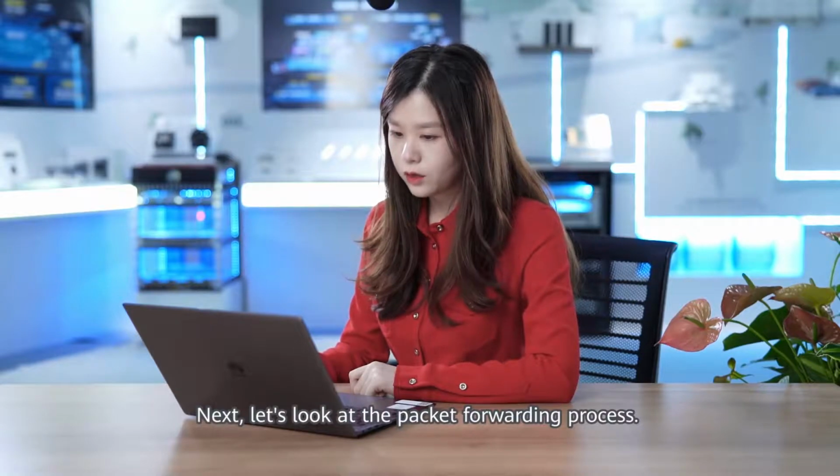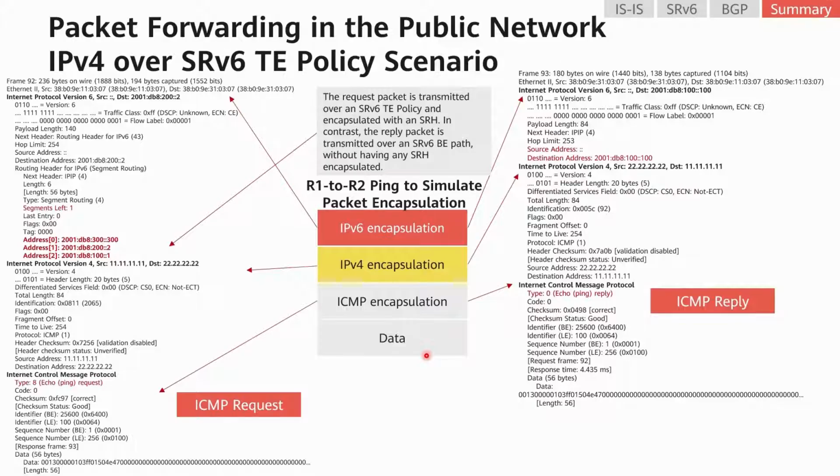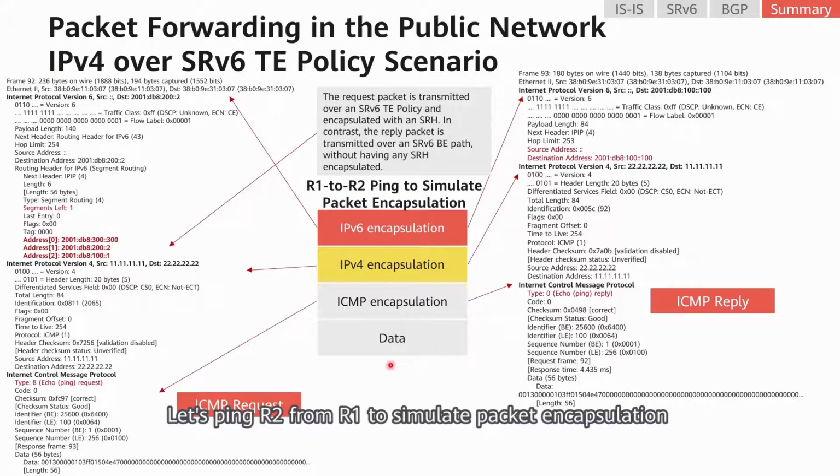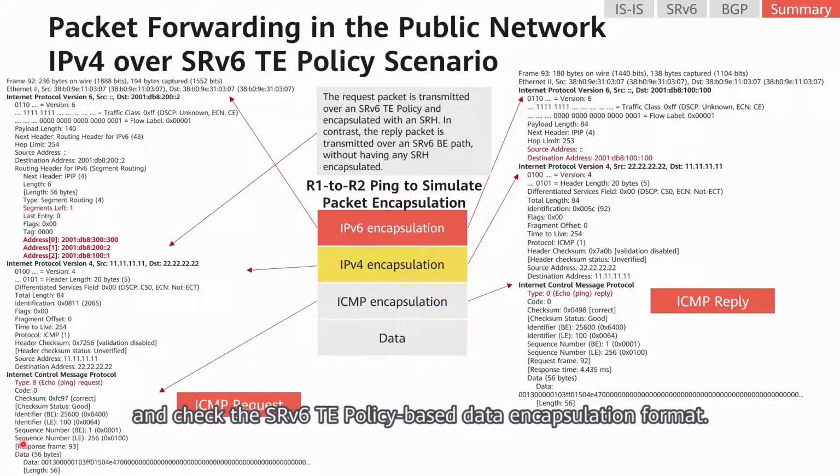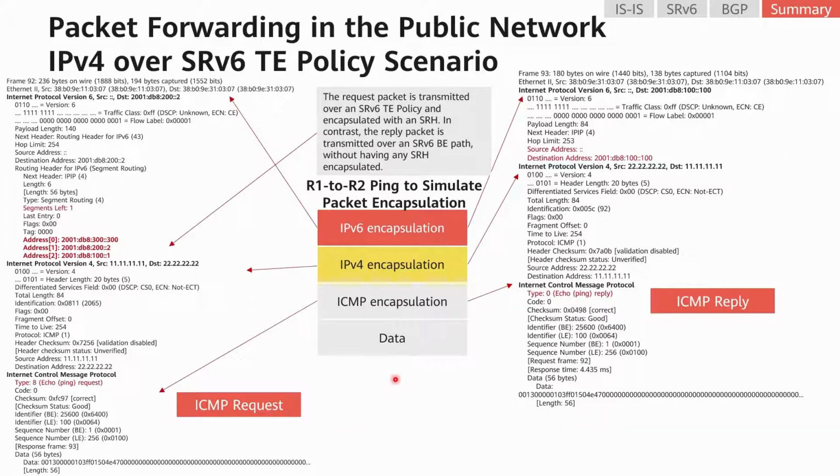Next, let's look at the packet forwarding process. Let's ping R2 from R1 to simulate packet encapsulation and check the SRv6 TE policy-based data encapsulation format. We can see that ICMP encapsulation and then IPv4 encapsulation are performed for the request packet sent from R1.